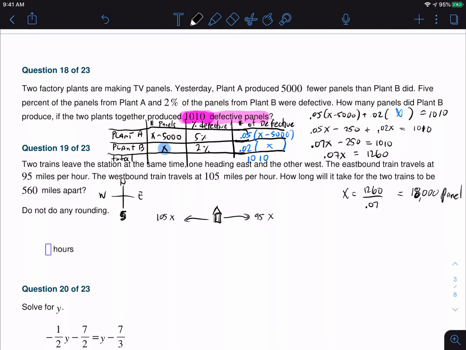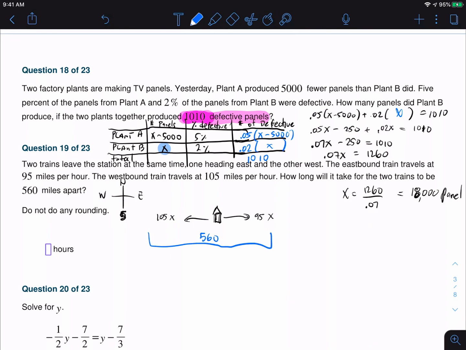Yes. And what we want to find out is at what point will the two trains be when they're 560 miles apart. Does that make sense? Yes.